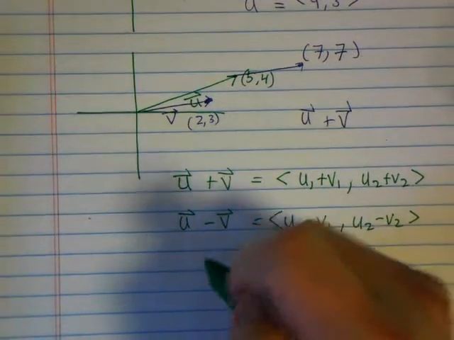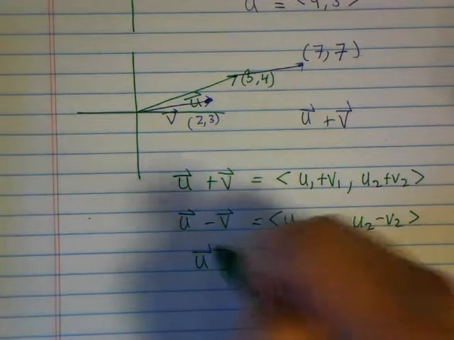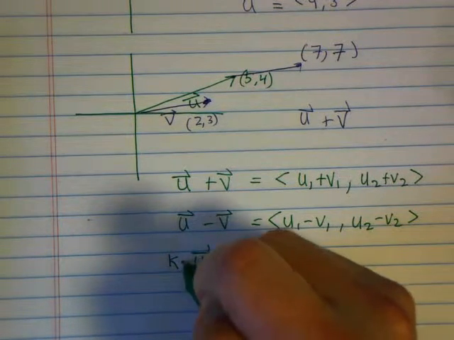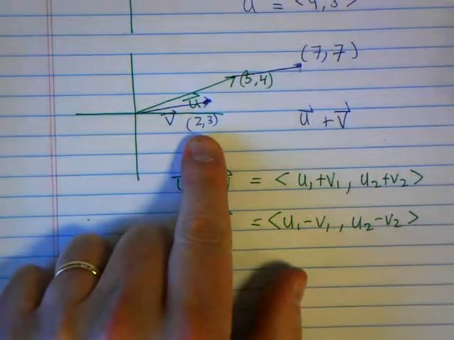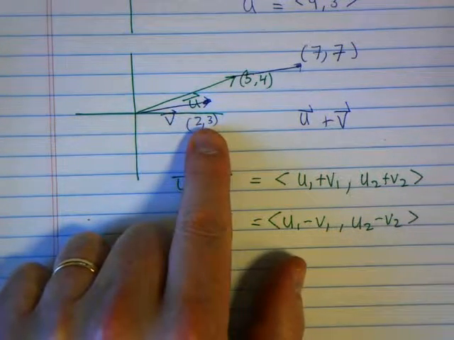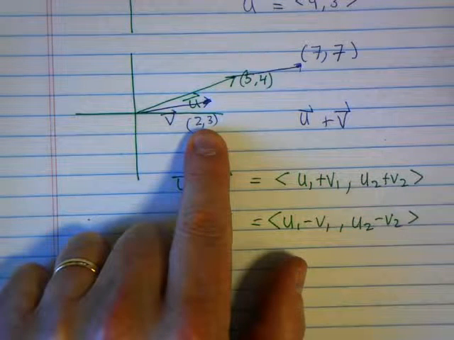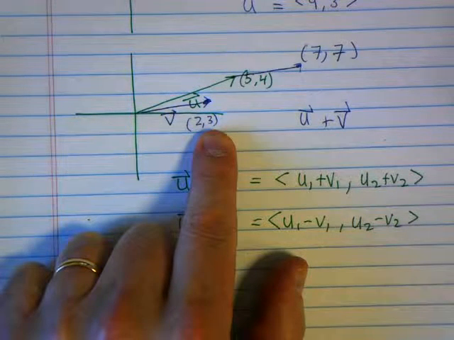How do I take a vector u and multiply it by a number? So if you were to multiply by like 5, let's say I take the vector v, which is 2, 3, and multiply it by 5. Yes, you would have 10, 15.